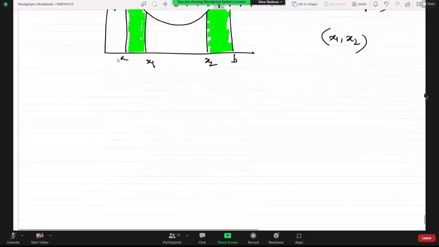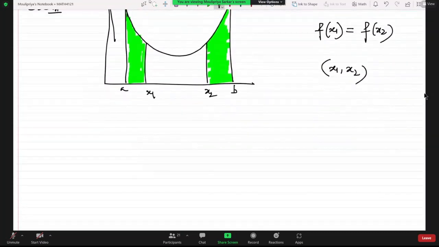Now the first search technique that we are going to learn, let us just get started with the technique. It is known as the dichotomous search. Very simple. Dichotomous, di implies two. This is very, very similar to your bisection method.